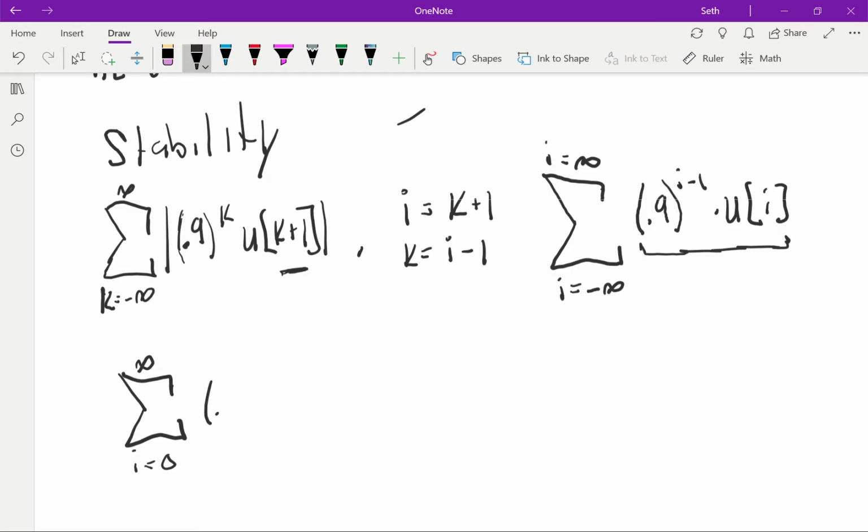So now we have 0.9 to the i minus 1 times u of i, and we can get rid of the u of i, because for i greater than 0, it's just equal to 1.